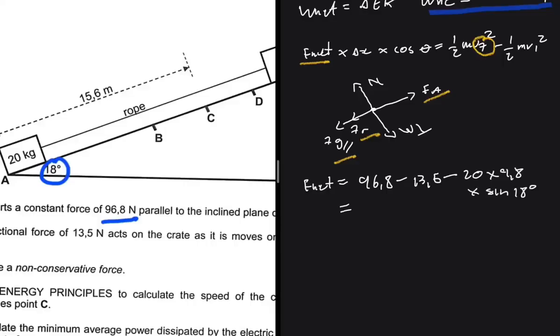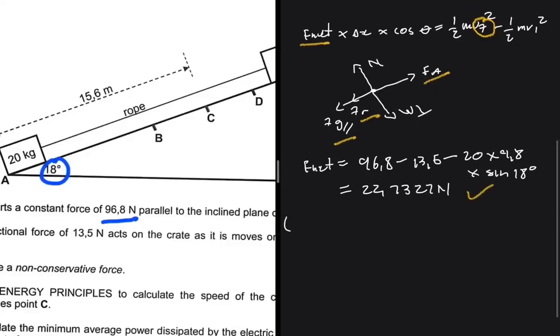So if we put that in our calculator, F net should be whatever we get there. Let me do that real quick so that we can see what we get. I think our F net should be 22.7327 newtons.